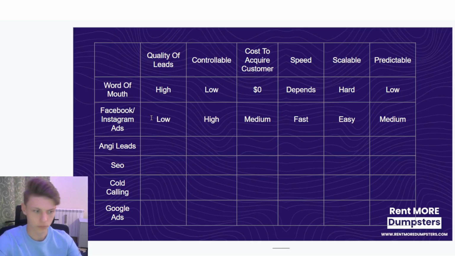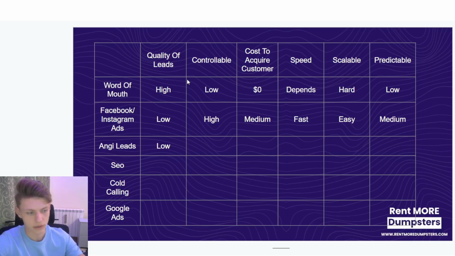With Angi Leads and any type of lead service websites, the quality of the leads is kind of the same, so it's pretty low. I would say it's the lowest quality lead because the main thing is they are duplicate leads, meaning all your competitors who are buying leads from Angi Leads will have the same lead as you.